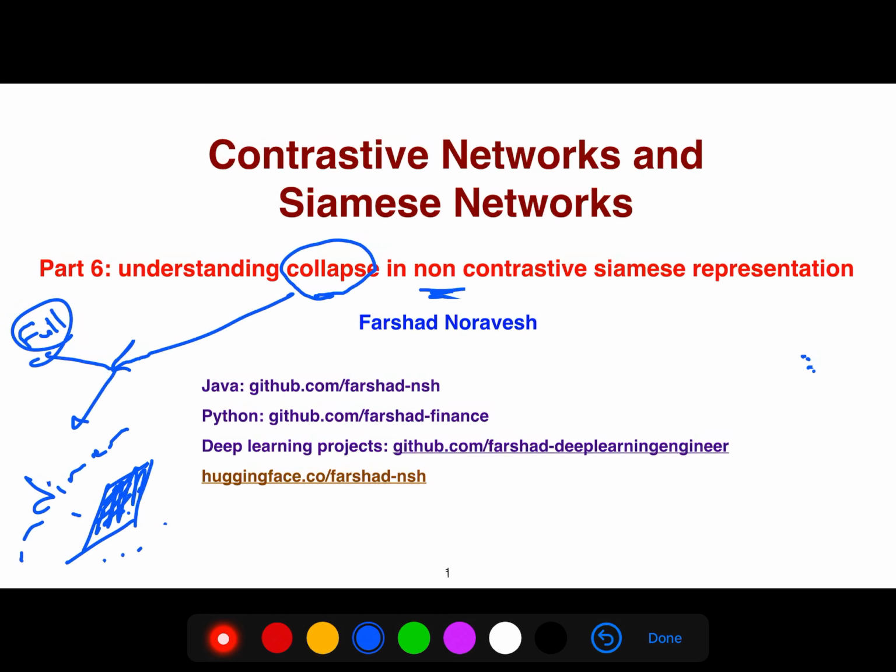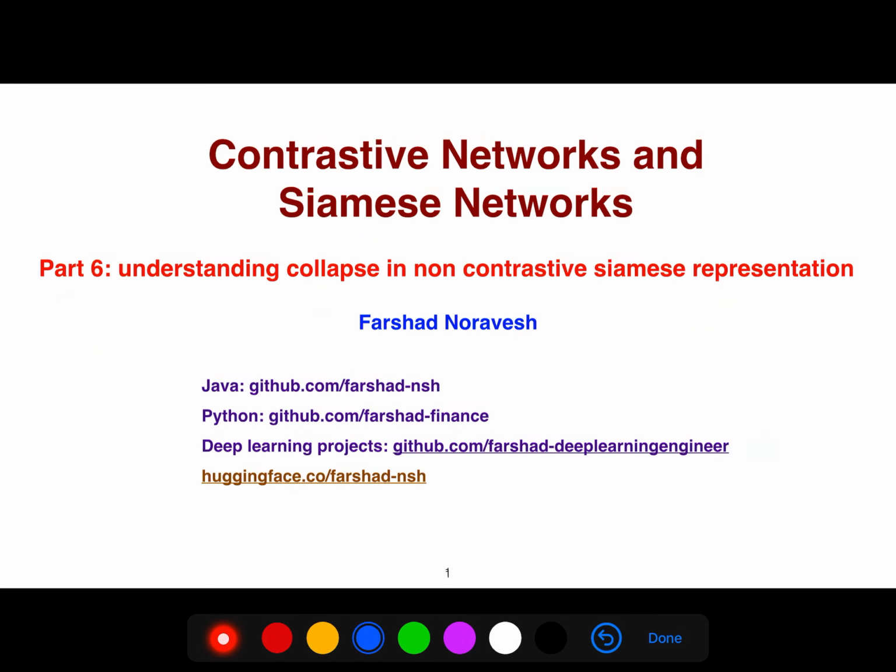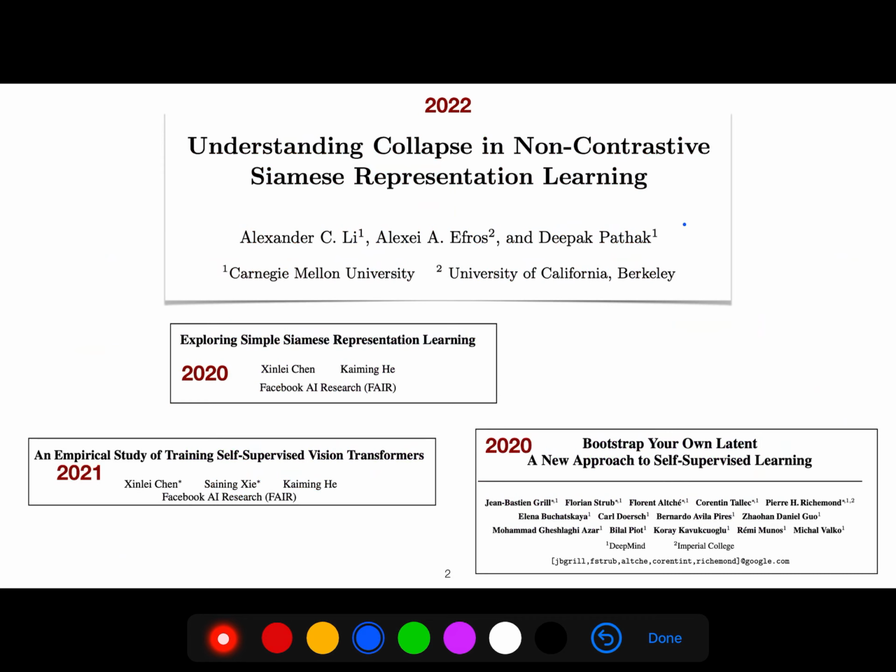And full collapse means that all of the features are in one very particular, very small area, which is just like a point. So if it is a neural network, everything converges to a constant, and so it cannot distinguish between different points. This paper explains and understands collapse just through some experimental work.